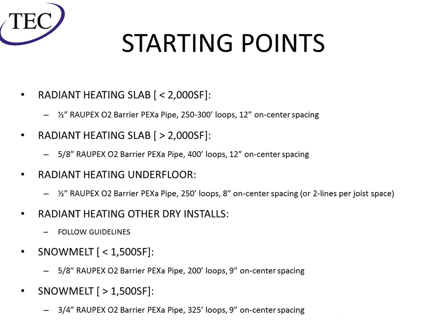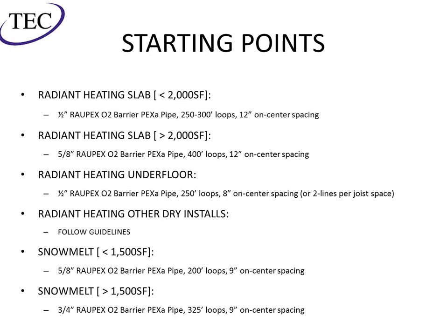Some starting points, as I mentioned before, for laying these out. And if you guys would like, I can definitely send you a copy of these slides. For a radiant slab, my starting point is always 1/2 inch Raupex in 300-foot loops with 12-inch spacing. If you get over 2,000 square feet, that's a rough break off.